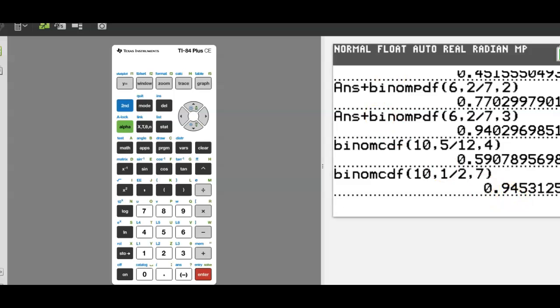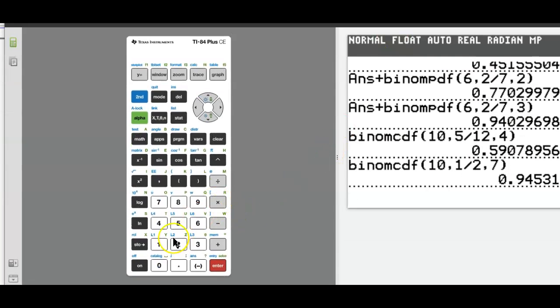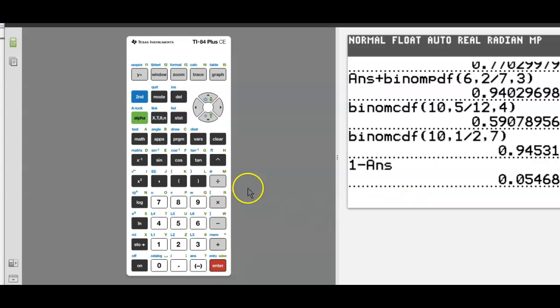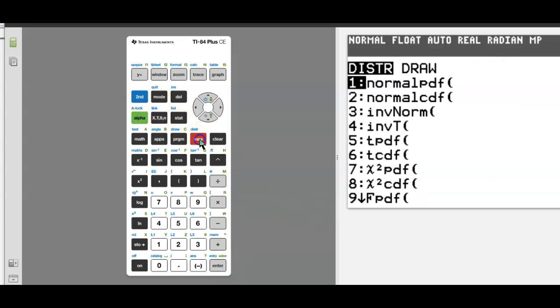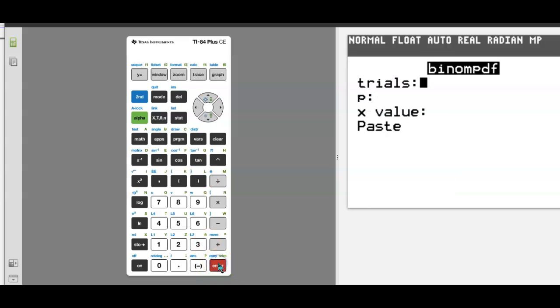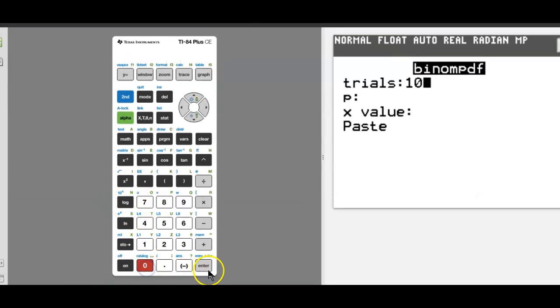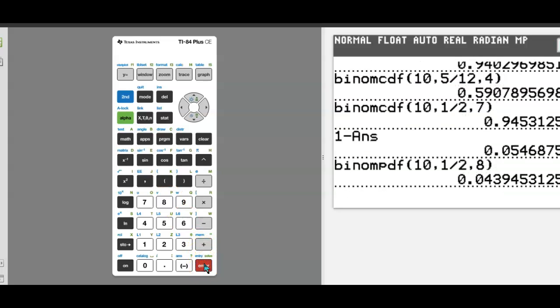But that's the probability that we would have 7 or less coins that came up tails. We want to know the probability of 8 or more. So we're going to do the complement of that, or 1 minus that. Now, if that's too tricky for you to understand, again, just do the binomial PDF, where you do 10, 1/2, 8, and you get that number, and then you do that again.